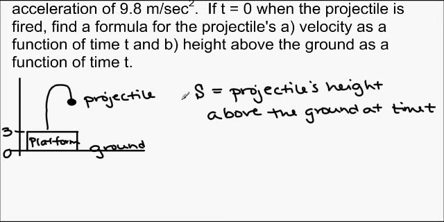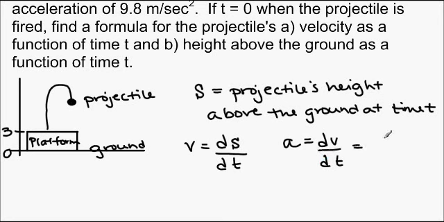And s is going to be a twice differentiable function where velocity is the first derivative of s and acceleration is the derivative of velocity, making it the second derivative of s.